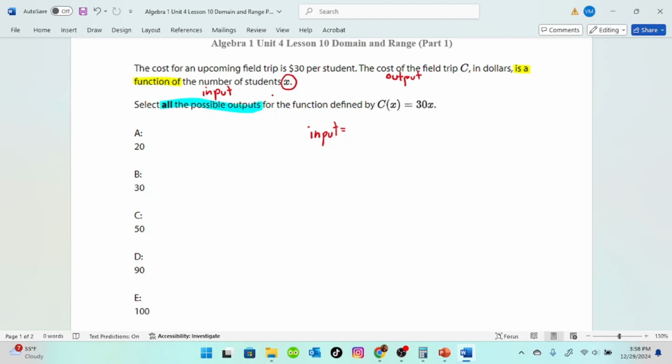So it's going to have to be positive. And I know that I cannot have partial students. These are going to have to be whole numbers. So my input has to be positive whole numbers.